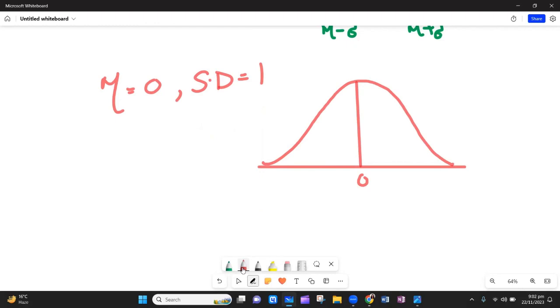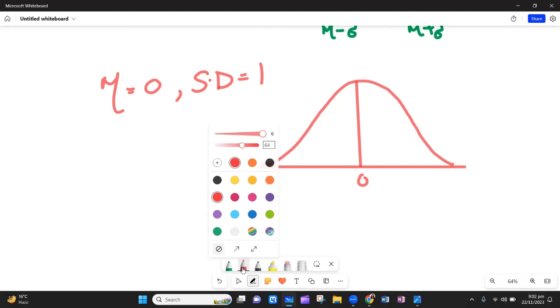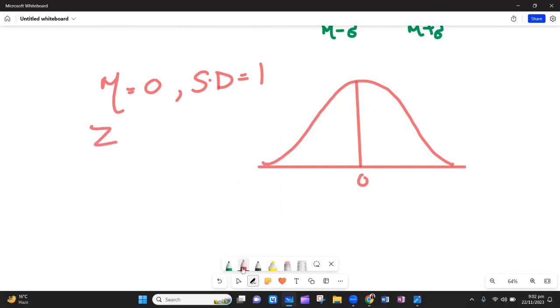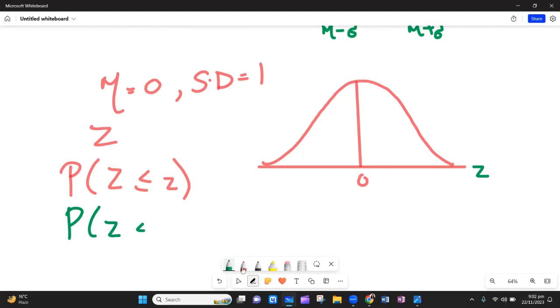Okay, now let's take a look at how we solve these questions. The variable representing normal distribution is z, and you have to find probability z is less than or equal to small z. So let's say small z is, by the way, on the x-axis. So let's say you have to find probability z is less than 1.236.